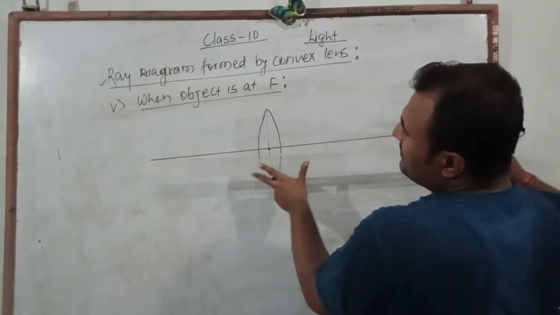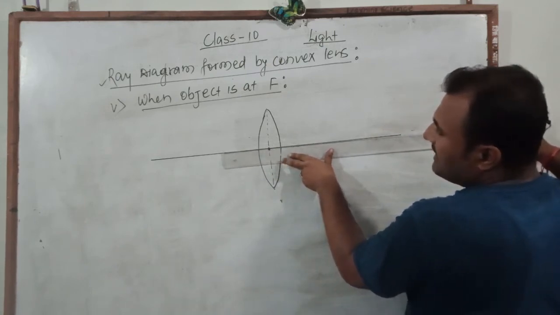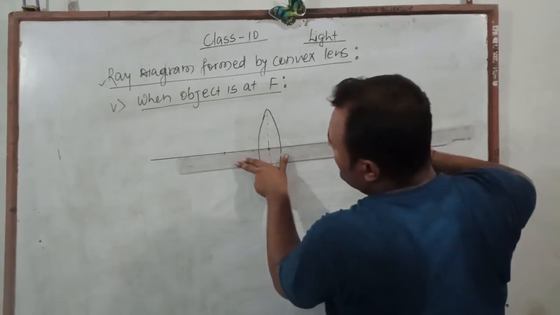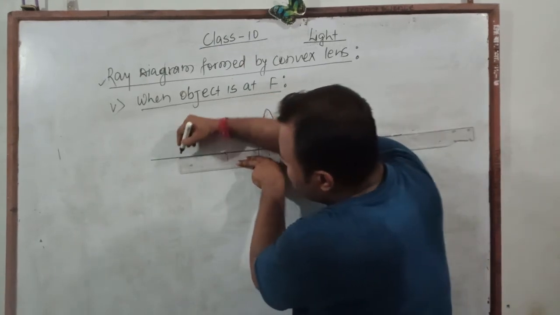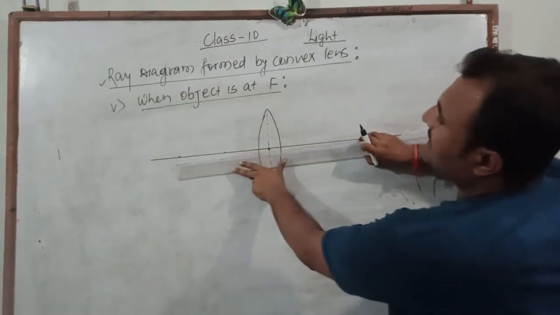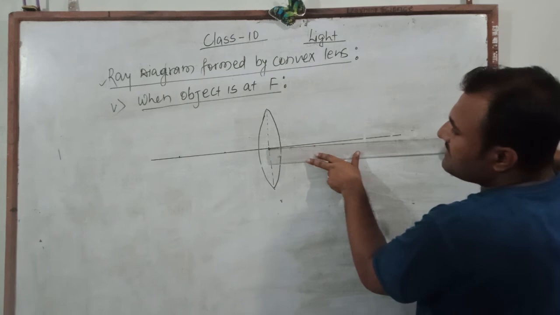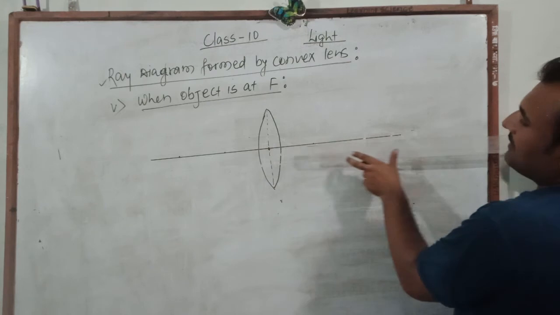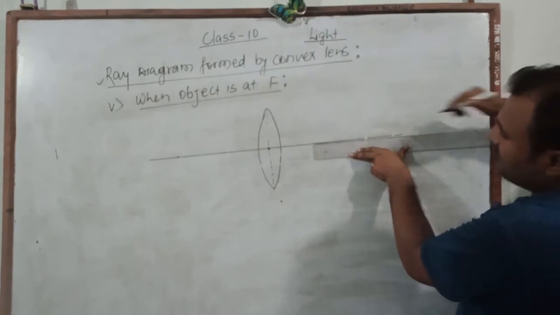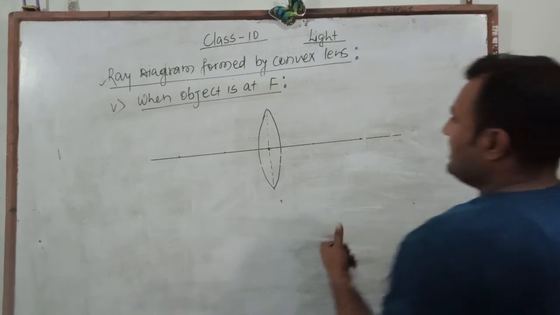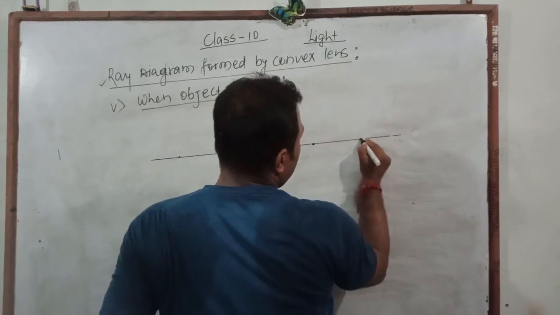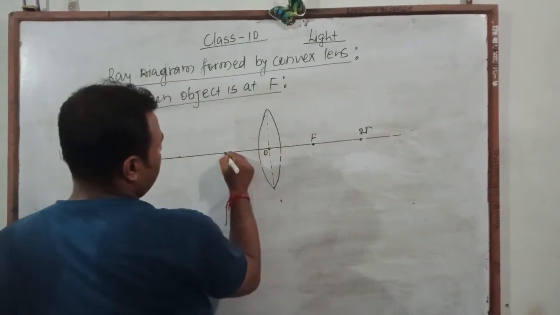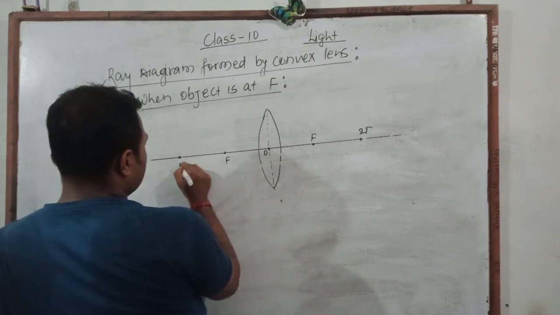With the help of a scale we measure 2 centimeter left from the optical center, which is called F. Again 2 centimeter from F, which is called twice the focal length, 2F. On either side we make the same length of F and 2F. And then we label it F, 2F, O, F, 2F.